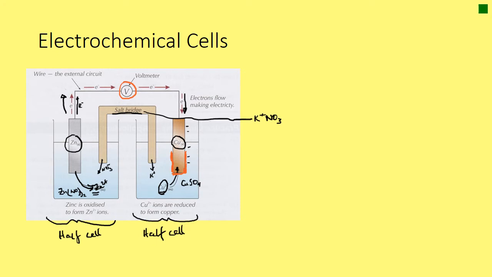So going back to the electrons, they come up and go through the voltmeter here and come down and then come onto the copper electrode. And so the copper electrode becomes negatively charged, which attracts the copper ions that are in solution. The copper ions are positive, they're attracted to these electrons that have come from the zinc, and they come out of solution, and they take those electrons from the electrode.